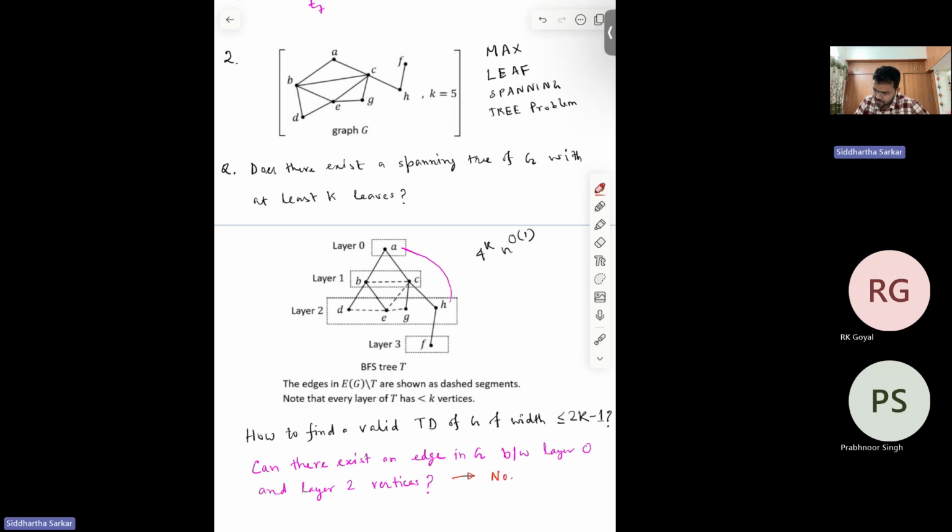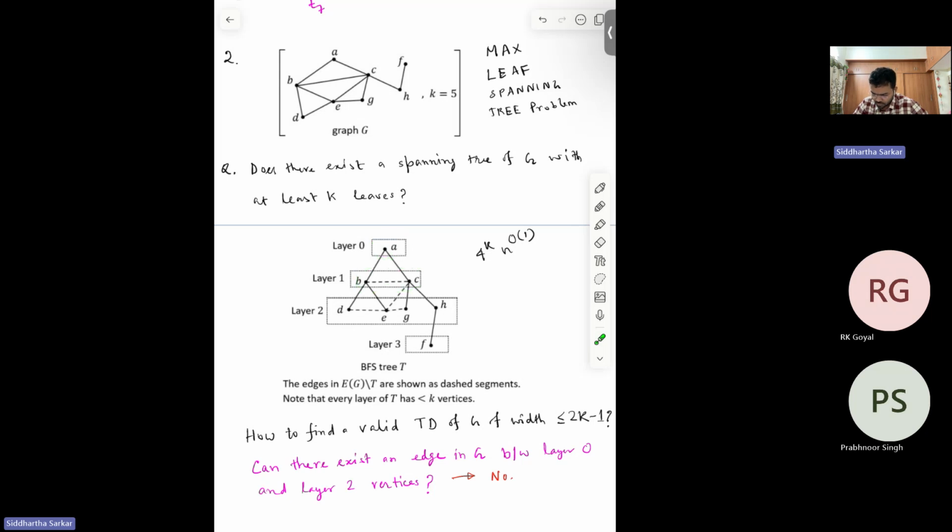So this gives us useful information: if I merge the vertices of layer 0 and layer 1, or for that matter any two consecutive layers, then since I don't have edges from layers below, all the neighbors of A are explored.